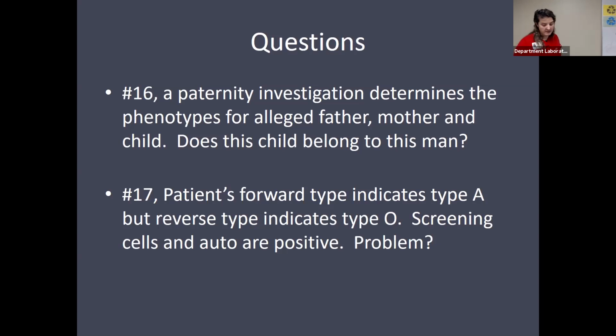So you have your IAT results. Screening cell 1, screening cell 2, and your auto control are all positive at initial spin, indicating that it is a cold reacting auto antibody, because your auto control is positive. Does that make sense to everybody?